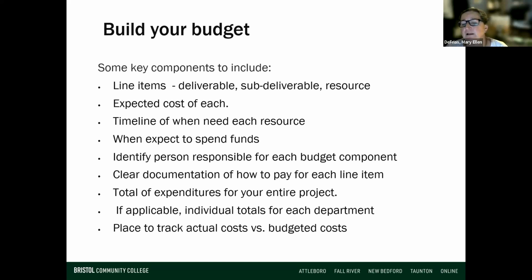If you have individual, smaller projects, you can total them up by either departments or projects. And you want to track your actual cost to your budgeted cost. So step one is that we create the budget. And we have all these ideas of this is when we need the money, and this is how much we need. And then you always want to have a column next to it that's your actual costs.